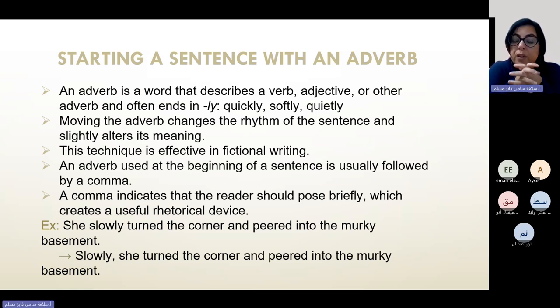Starting a sentence with an adverb. All right, we know what an adverb is: adverbs of time, place, and manner. Okay?